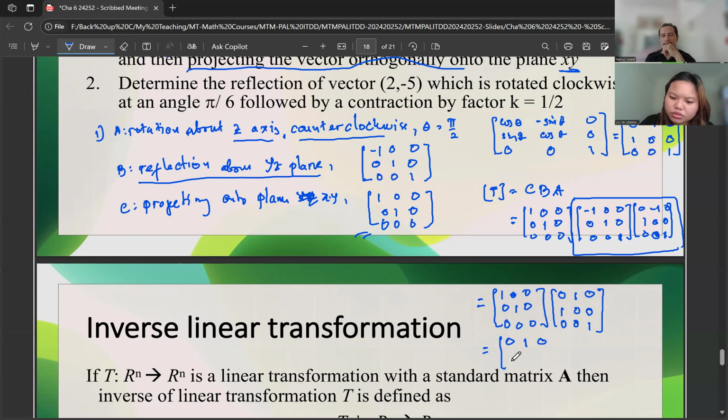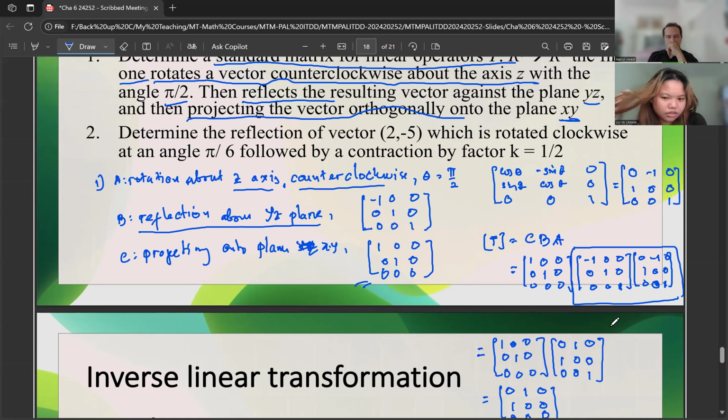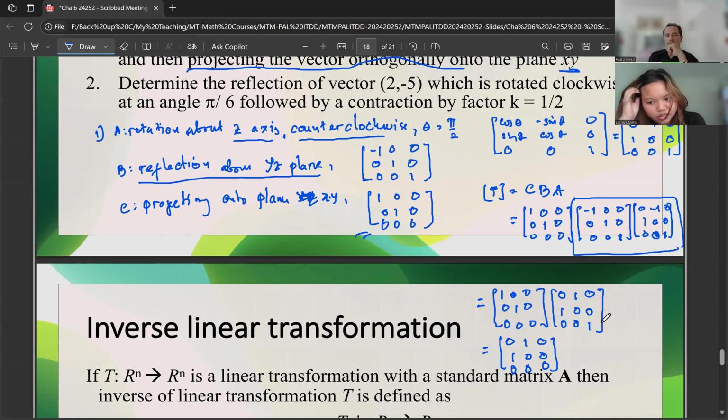This will be 0. This will be 0, because it is 0, whatever happens here, always 0. Okay, this will be 0, 0. So this is the answer of number 1. We have the matrix standard, which contains the multiplication of three matrices.